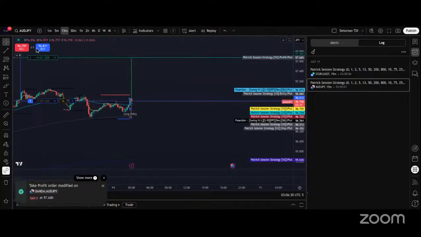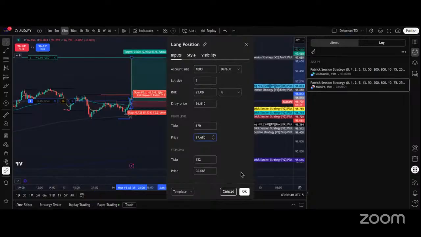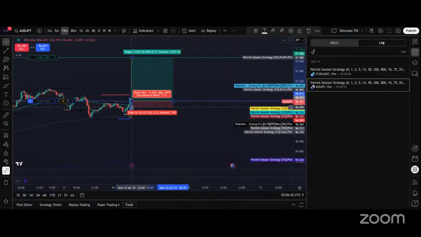There we go. We're going to get a long position from current price. This gives ourselves some more wiggle room on this stop. Let's get this out.